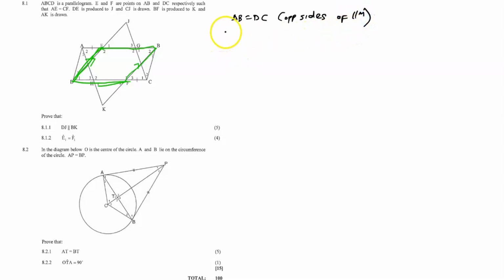Then from there we say, remember AB can be written as AE plus EB, and this one can also be written as CF plus DF.